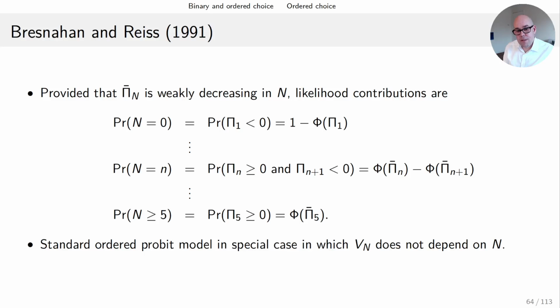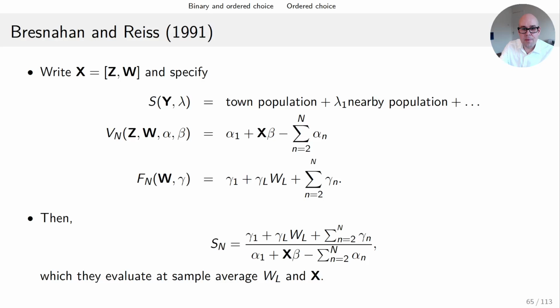Here what we can do is we can just program this up using these choice probabilities and estimate the model. So what they did was to use the following specification. We have these three objects, market size, variable profits, and fixed cost, and they specified things in the following way.